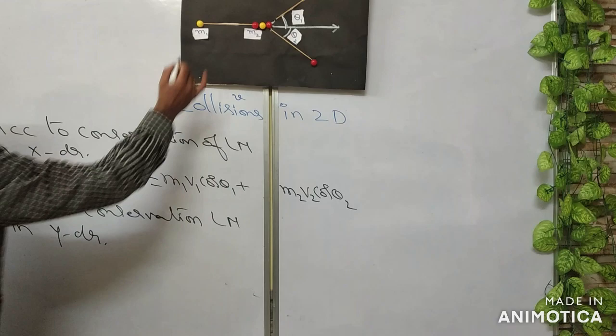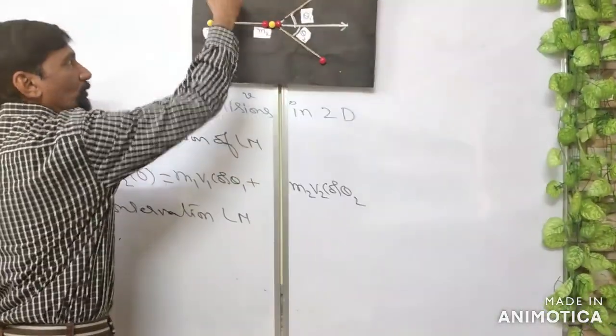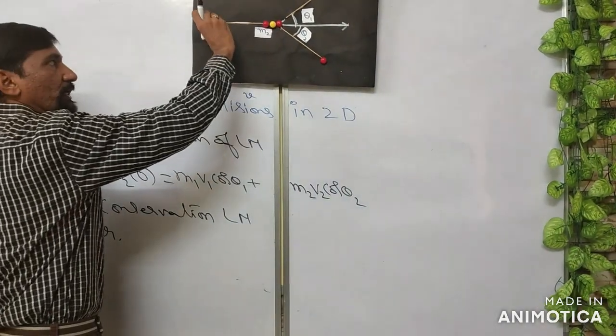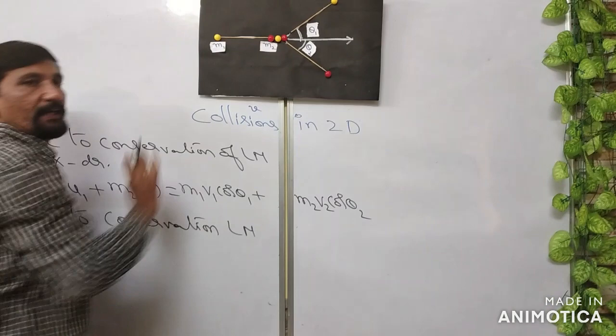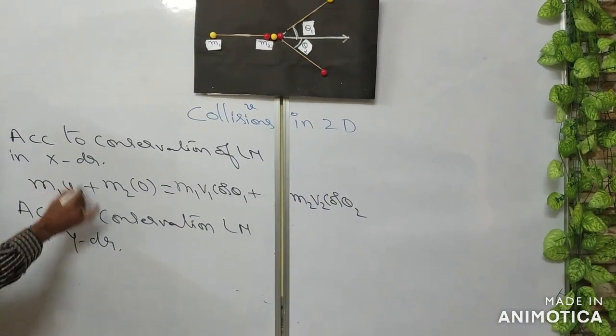You see, the body is moving only in the x direction in the beginning. So now the vertical component of velocities: this spherical body is moving only in the x direction, so its vertical component is 0.